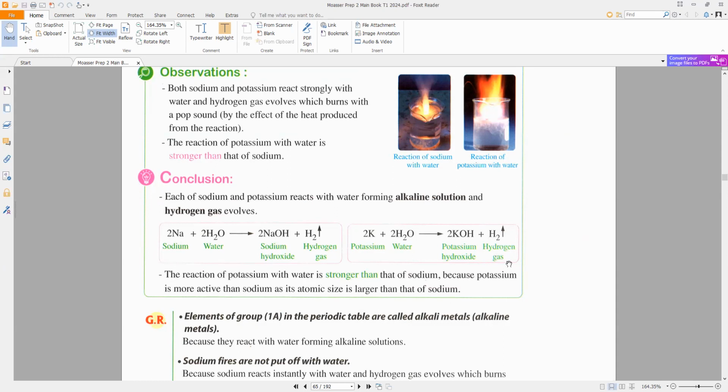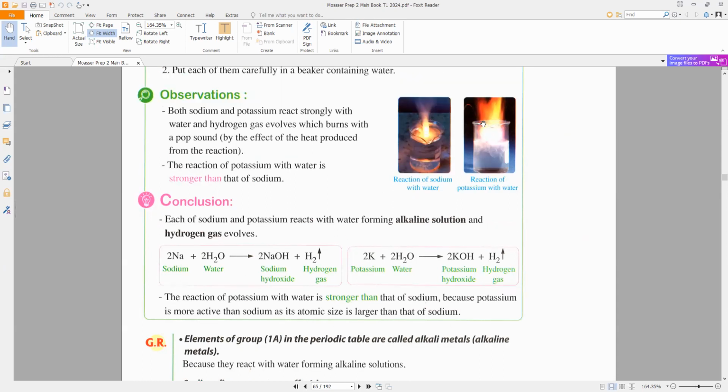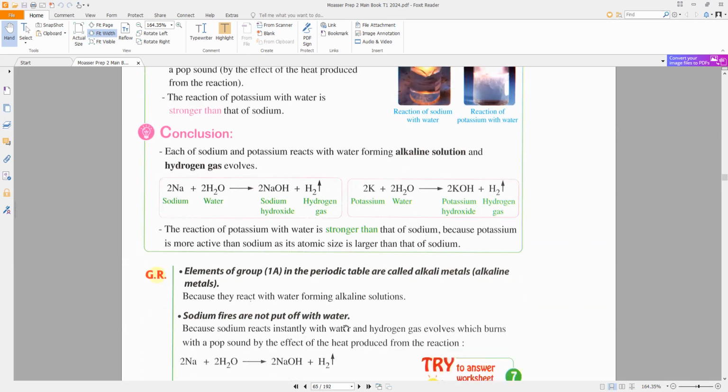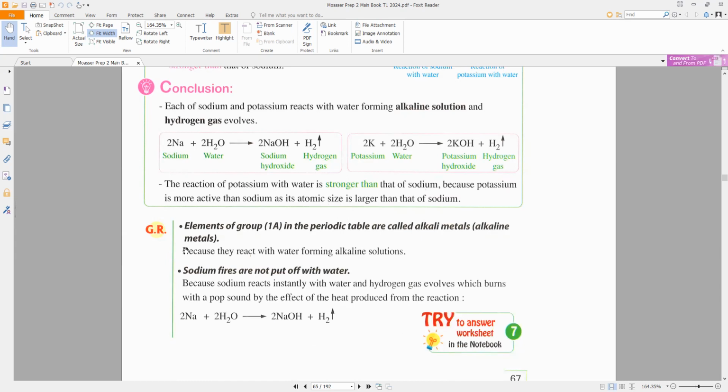But the potassium reaction is more reactive and stronger than sodium, because potassium has the larger atomic size. Why do we call them alkali metals? Because they form an alkaline solution when they react with water. Why can't we put out a sodium fire with water?